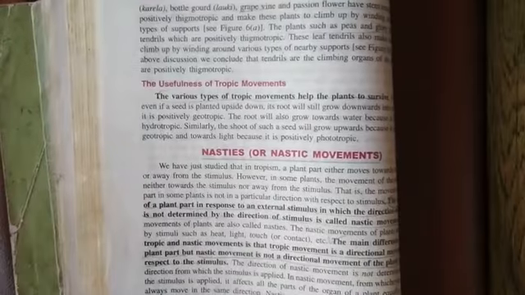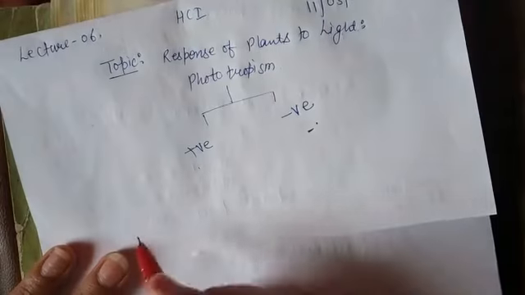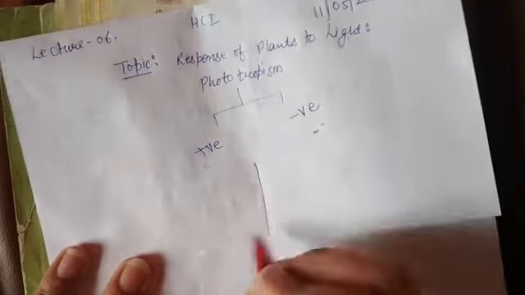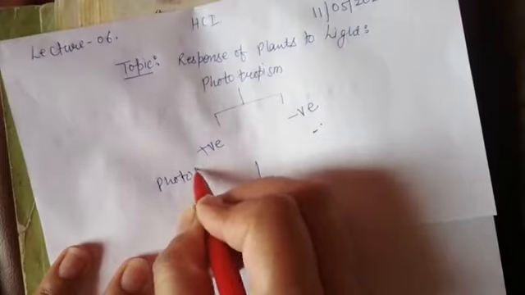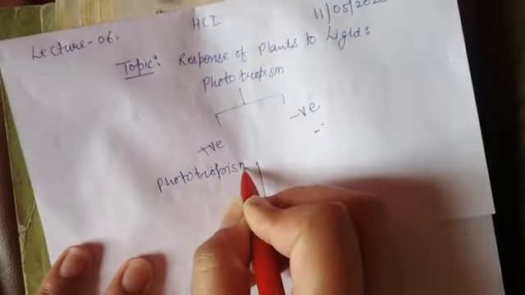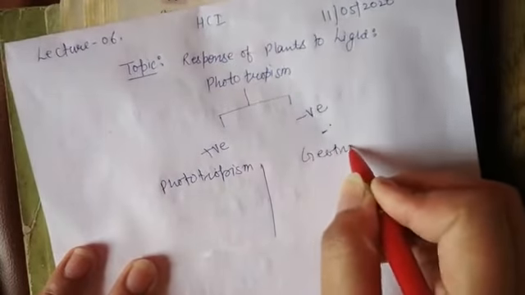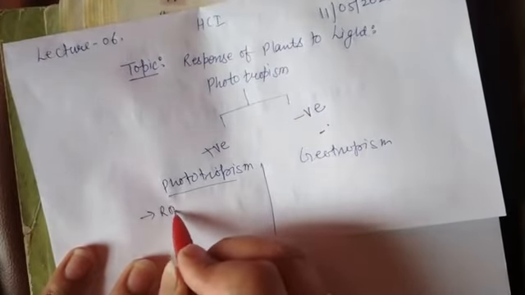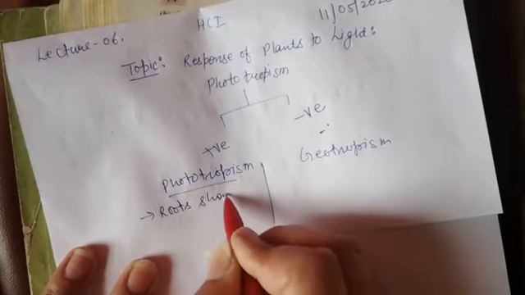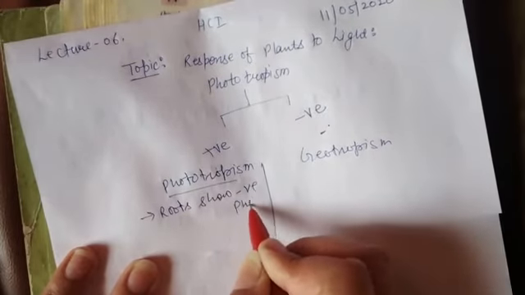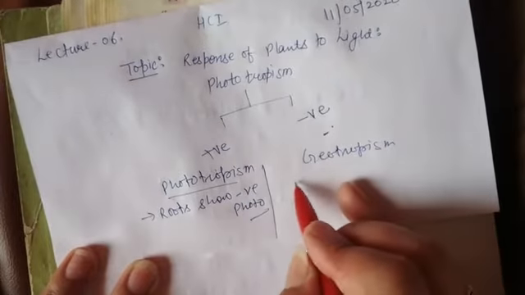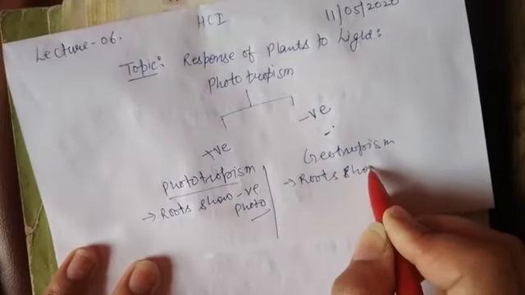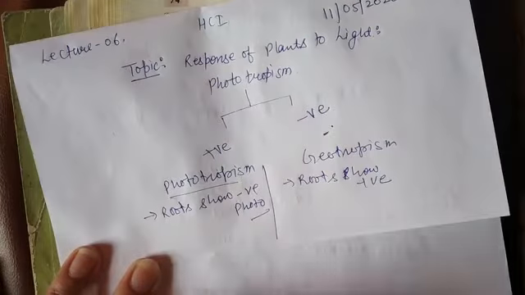First of all, the difference between phototropism and geotropism. In phototropism, roots show negative phototropism, and in geotropism, roots show positive geotropism.